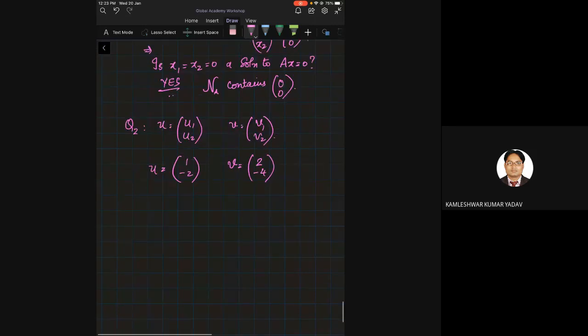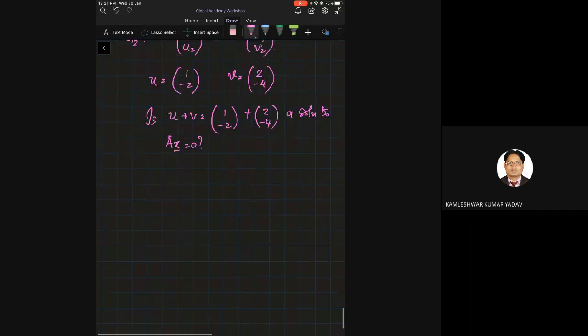Now I want to check whether u plus v, that is (1, minus 2) plus (2, minus 4), is a solution to Ax equal to 0. What is u plus v? u plus v is (1 plus 2, minus 2 minus 4), which is (3, minus 6).